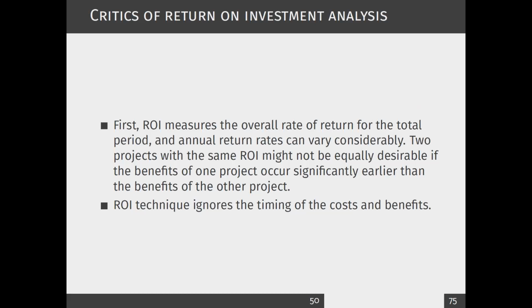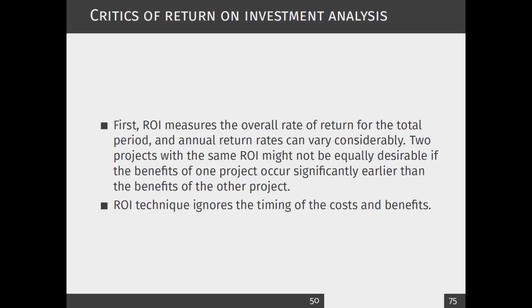Let's move to the next one. Now, this ROI basically calculates the total rate of return. But remember that it depends on the time. The timings are different. The benefits we get in the first year are very minimal, then the second year, third year, fourth year, and so on.